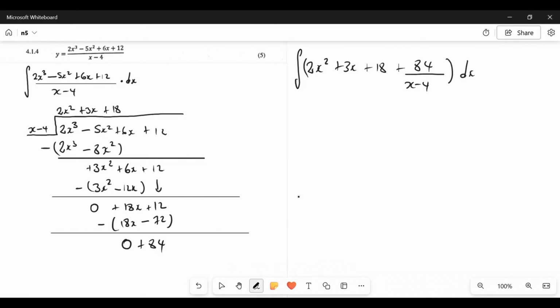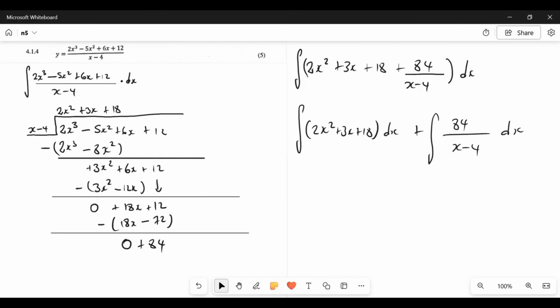So let's start integrating this. Before we do that, I think it's best for us to separate this. I can say the integral of 2x squared plus 3x plus 18 dx plus the integral of 84 over x minus 4 dx.